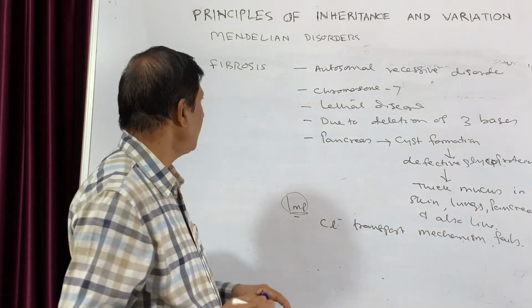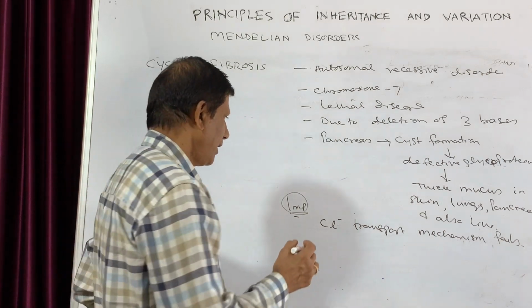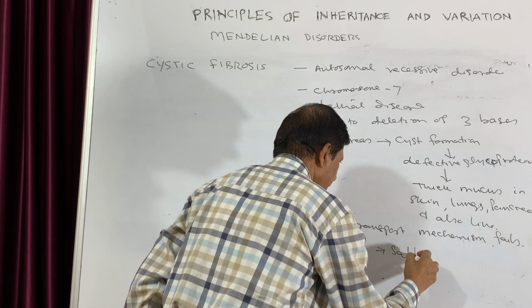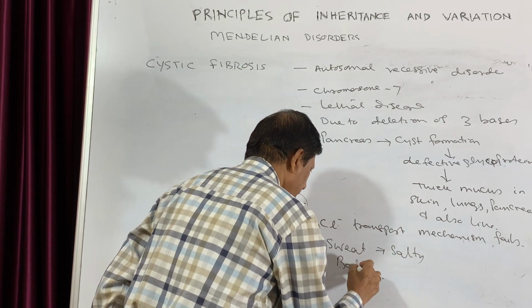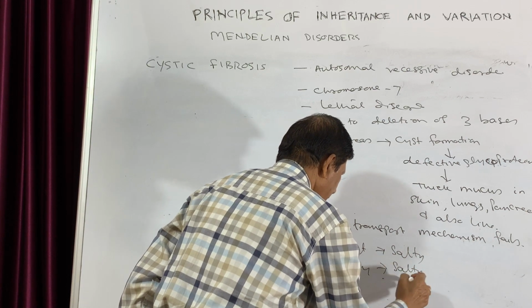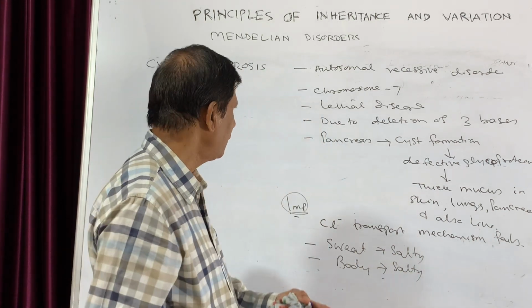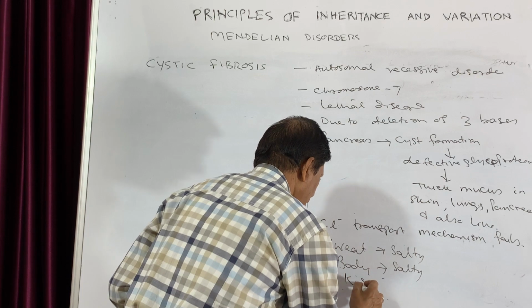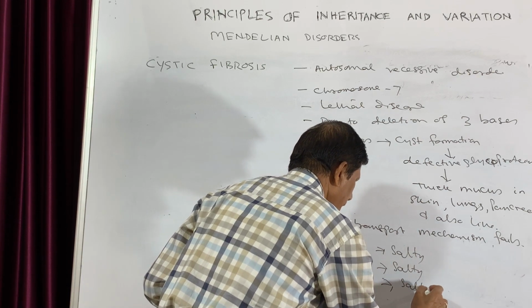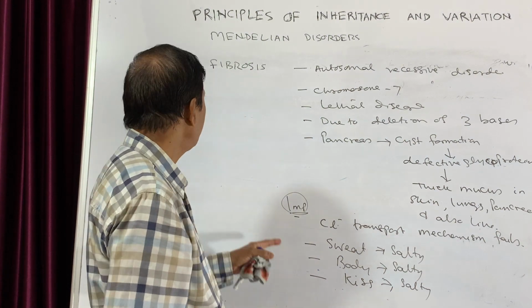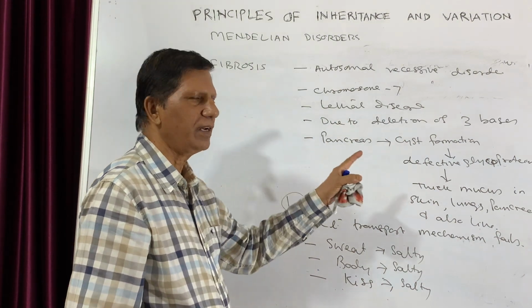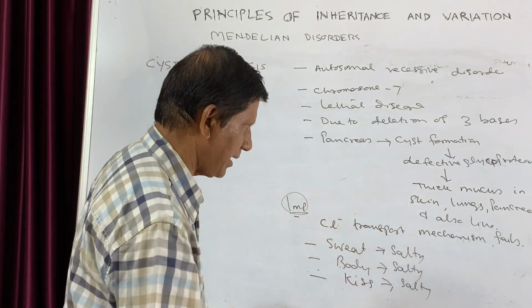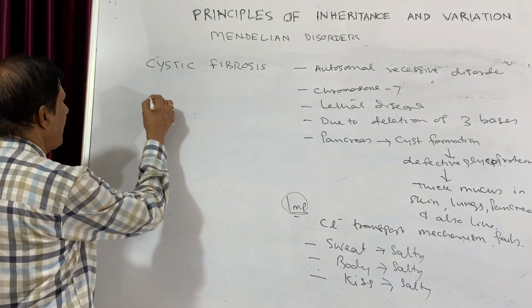The person suffering from cystic fibrosis, his sweat is salty, his body is salty, and if you give a kiss to a child who is suffering from cystic fibrosis, your kiss also will turn salty. These are the main symptoms of cystic fibrosis, and it is also very lethal because all these organs are affected.